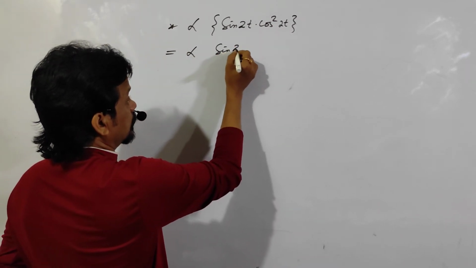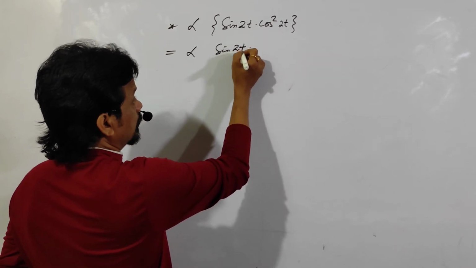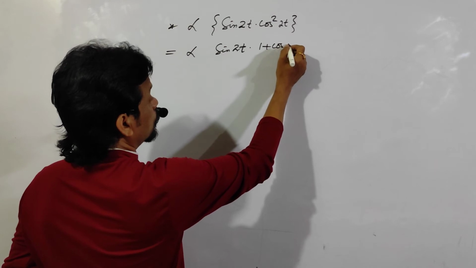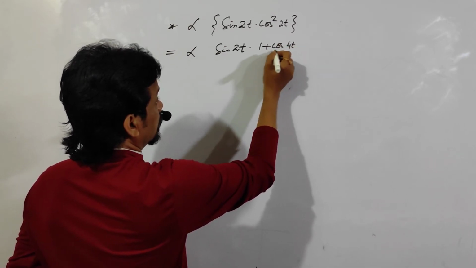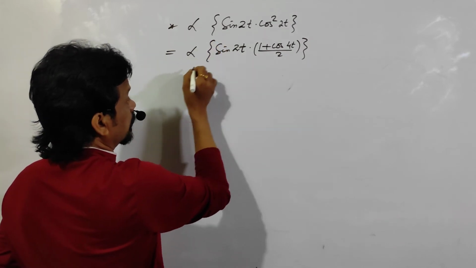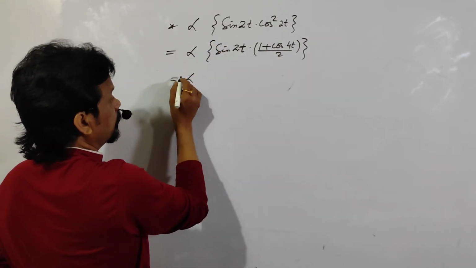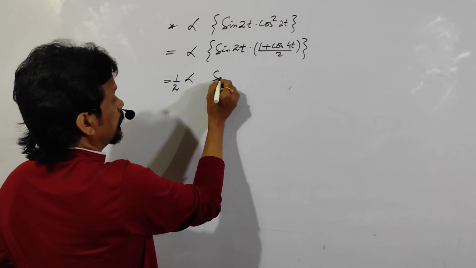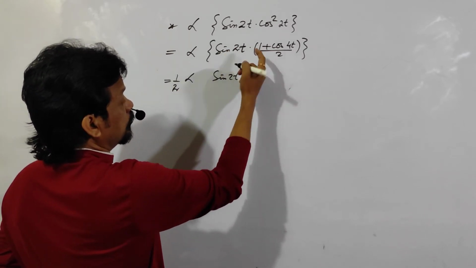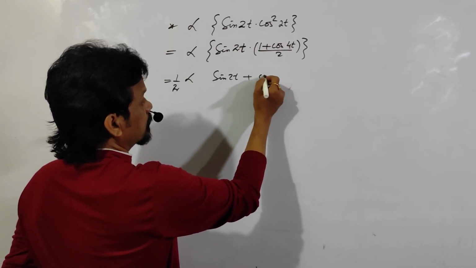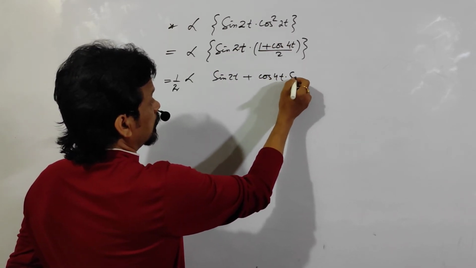Cos square 2t is 1 plus cos 2 into 2t, it is 4t, divided by 2. Put a bracket here and then put a curly bracket. Laplace of, take 1 by 2 outside. Then multiply sin 2t into 1 plus cos 4t, while multiplying I am writing the larger one first, cos 4t into sin 2t.